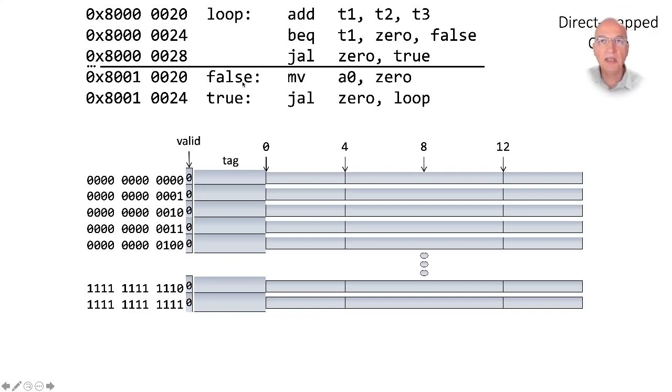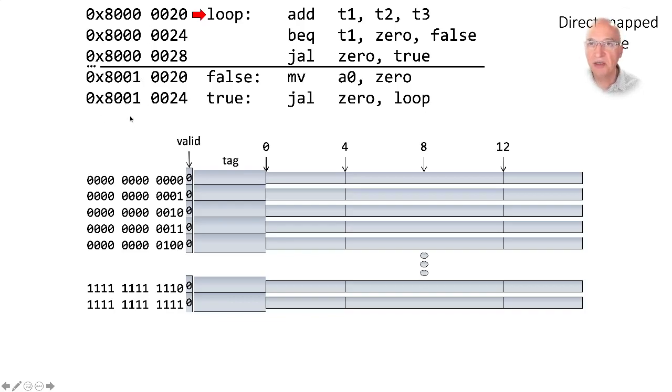And let's assume that I'm executing this program in a directly mapped cache. You need to pay attention to the addresses that I have here. The addresses on the top have the number 0x8000, and the addresses in the bottom have the number 0x8001 in the beginning of the address.